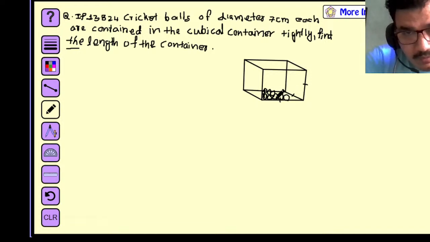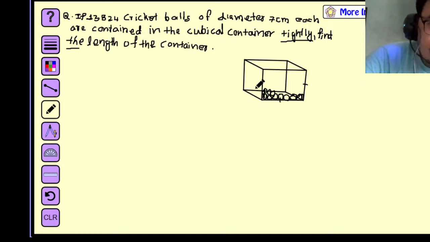This is the very important part. This word, tightly, is very important here.